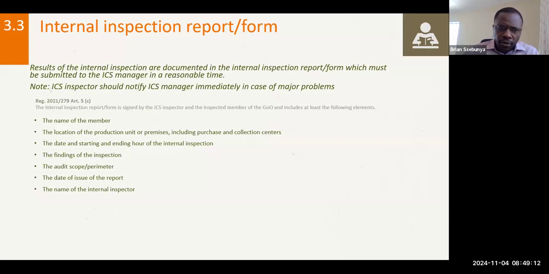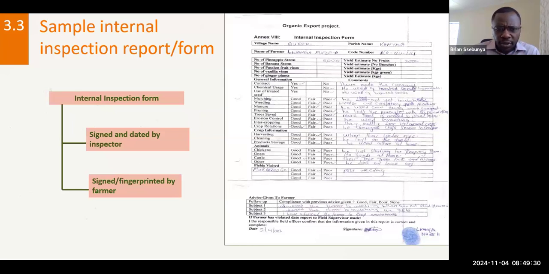And of course, the report, again, an example, telling you how detailed this regulation is. They even talk about what should be in the internal inspection report: what is visited, what are the findings, as we've already discussed. A sample of the internal inspection report also has to be signed by the internal inspector and signed by the farmer.